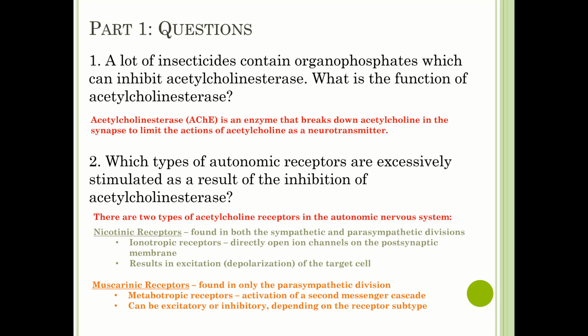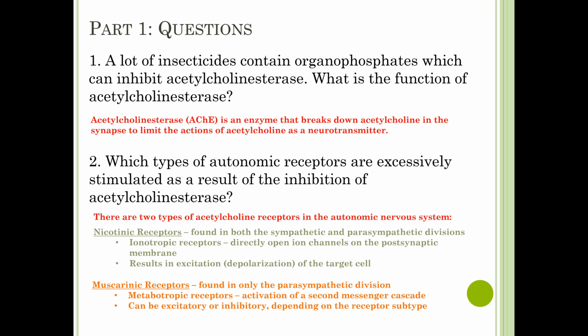The other type of acetylcholine receptor is the muscarinic receptor. These are found only in the parasympathetic division, and these are metabotropic receptors, meaning that the neurotransmitter binds to a G protein, and there is activation of a second messenger cascade, and later down the signaling pathway, you may get the opening of ion channels.